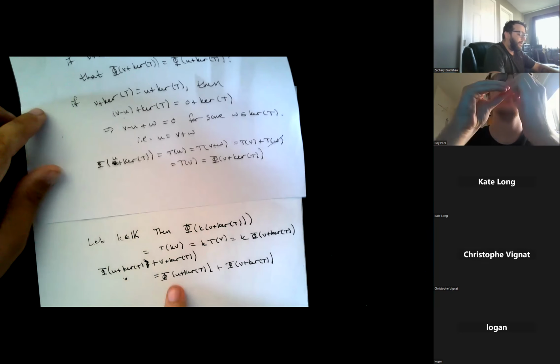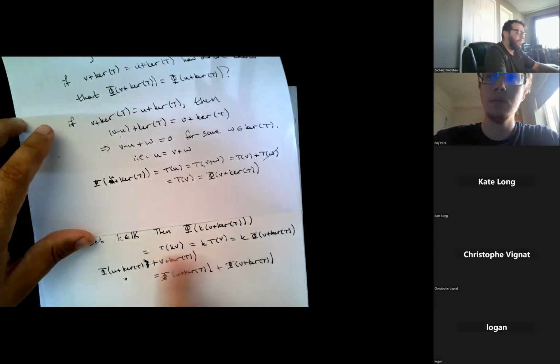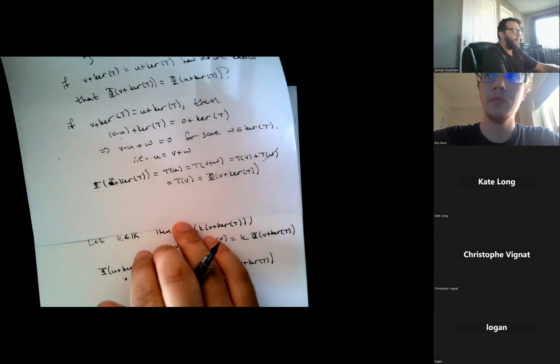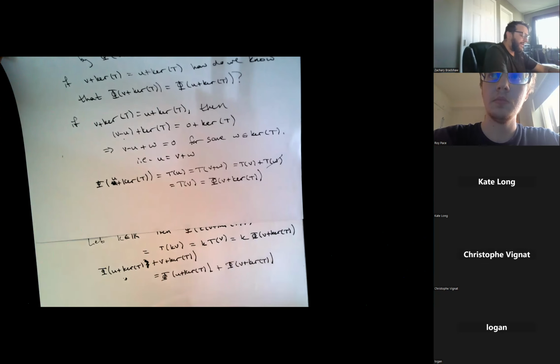Okay, so this is also true, and it follows from the linearity of t, just like it did for the property where you pull out the scalar. Was it homogeneity, I think. Okay, so phi is linear.